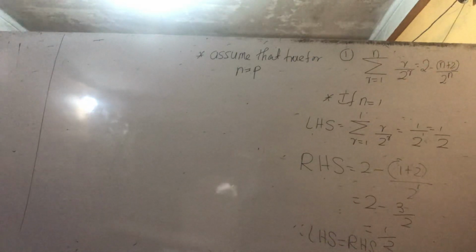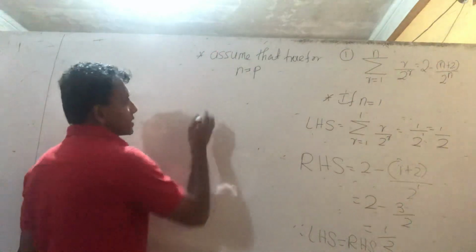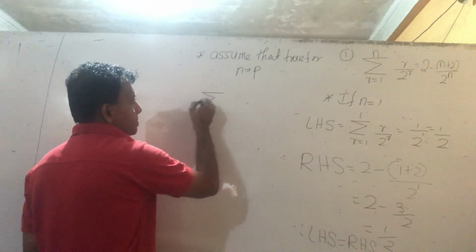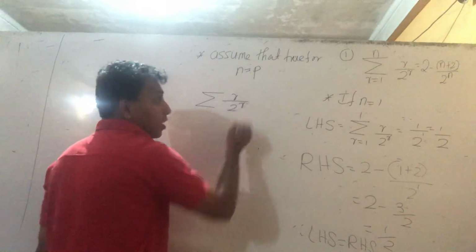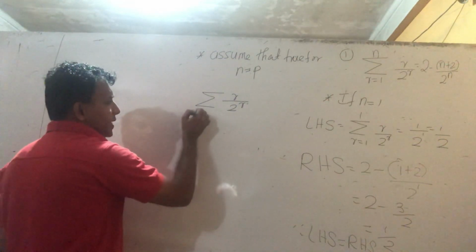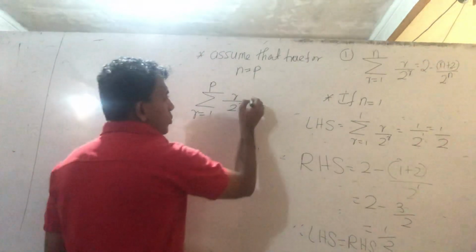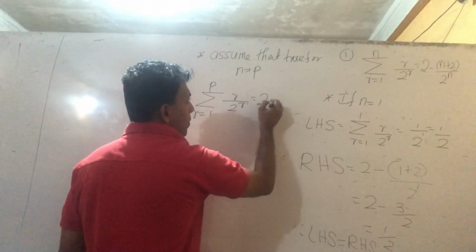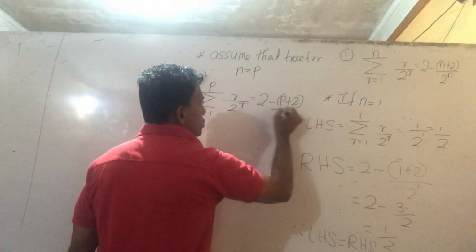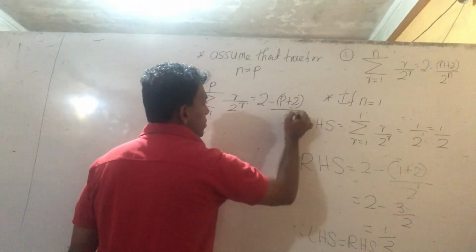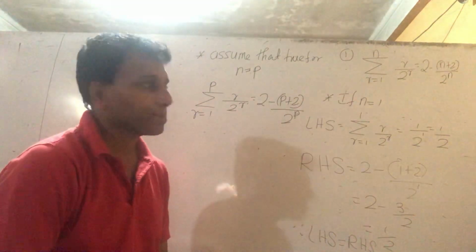So let's copy it, putting n for p: sigma r over 2 to the power r, r equal 1 to p, is equal to 2 minus (p plus 2) over 2 to the power p. That's all; let us try copywriting n for p.